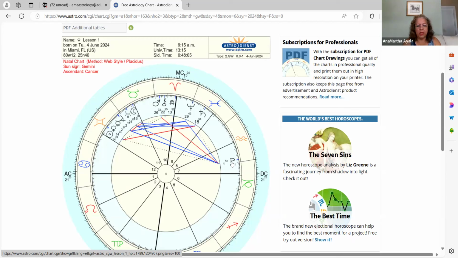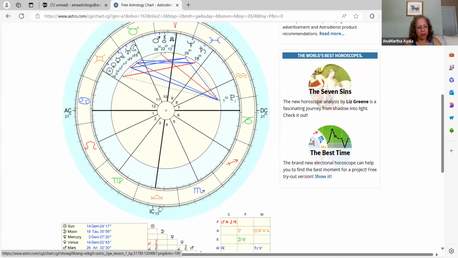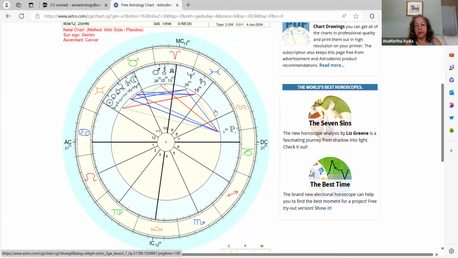They're very witty, very communicative. The air signs are Gemini, Libra, and Aquarius. Now, these people can talk. I mean, that's how they connect to other people. They need to socialize. They need to communicate.